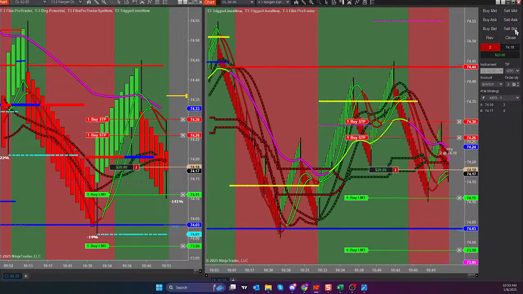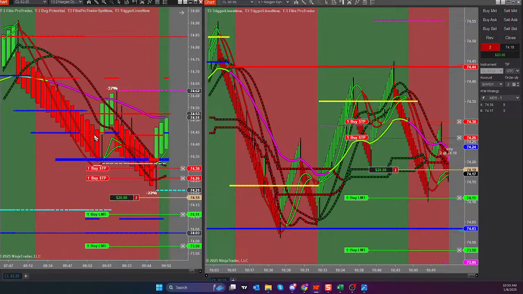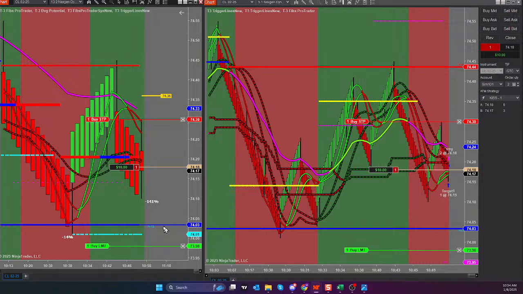Because there's always somebody on the other side of your trade. You're trying to go short, somebody else is trying to go up. And if more people want the market to go down than up, it's going to go down. And typically, it goes down with that great momentum. And these lines on your chart help define where it has the highest potential to stop.